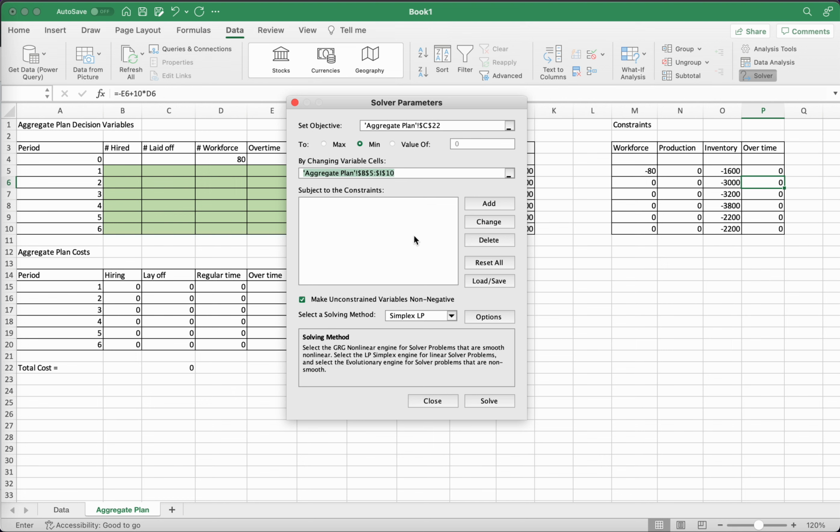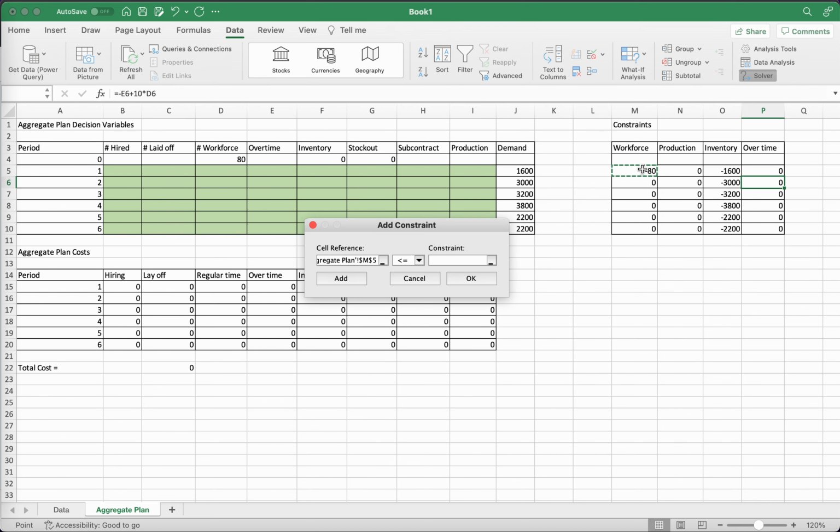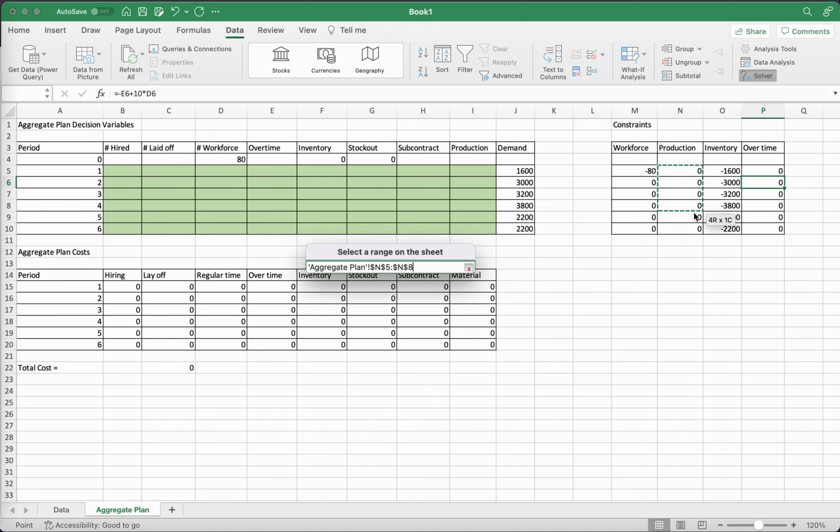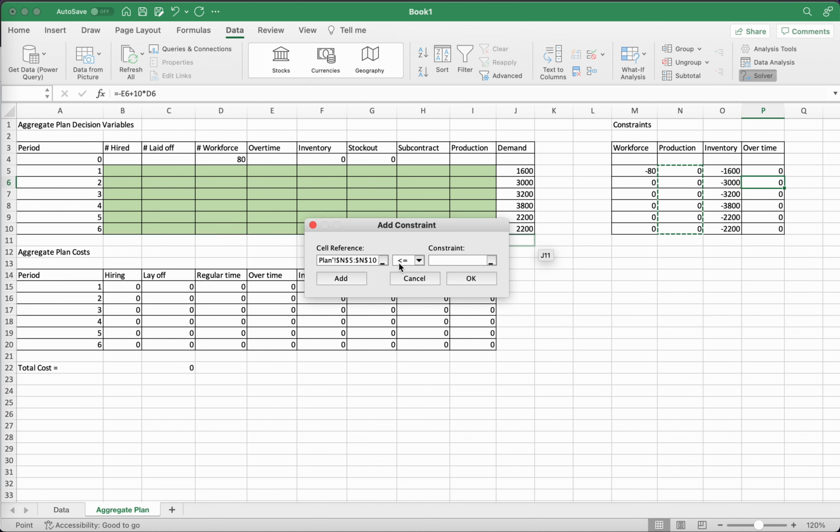Now let's write the constraints. The constraints are here. So like we said, all of these workforce constraints have to be equal to 0. I'm going to click on add. All the production constraints have to be greater than or equal to 0. That's how we set up.